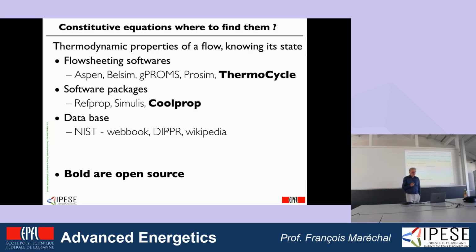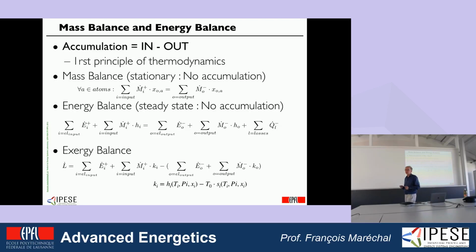So, now that I have a way to characterize flows, I can combine the mass and energy balance and the characterization, which means that I will be able to apply the first principle of thermodynamics. Typically, but we have to be sure, there will be no big dynamic or batch storage effect, so no accumulations, which allows me to write equations in stationary or steady state, which means without accumulation.